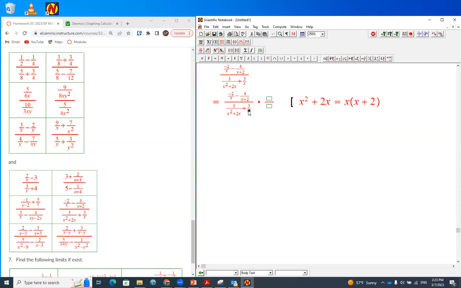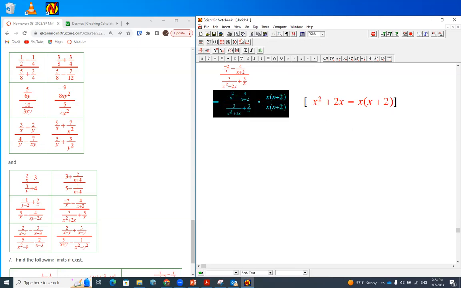So in the denominator, x squared plus 2x, which is the same as x times x plus 2, there is a factor x. So the least common denominator in the denominator for these two will just be x times x plus 2. On the numerator it is the same thing. It's x times x plus 2. So we're going to use this common denominator, which is also the least common denominator, to make our 1. Okay, and then we proceed.